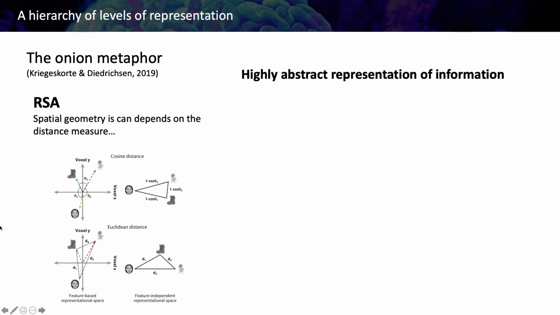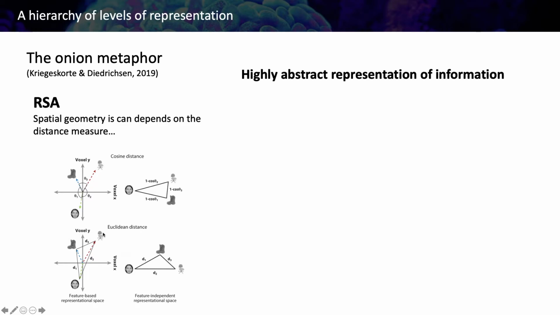For instance, if you are measuring different distances using representational similarity, you can find some differences. So here in this example, what is being used is the cosine distance, which is based on the phase difference between two vectors, and this is not sensitive to the magnitude of the vector, right? So it's just the degrees of difference.